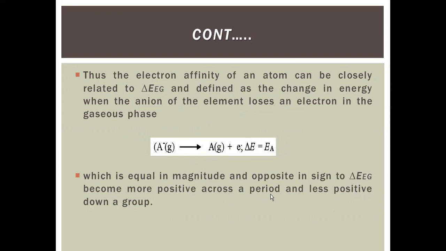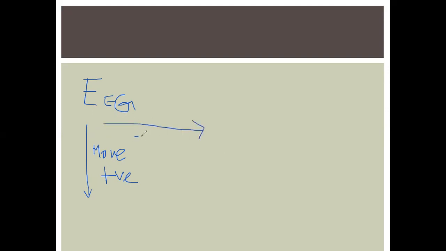Again I will remind you, think about your electron gain energy: down the group it is more positive, along the period it is less positive.